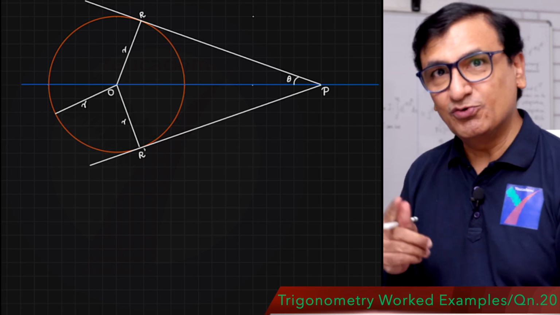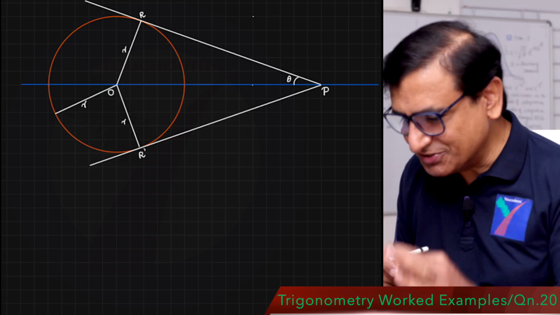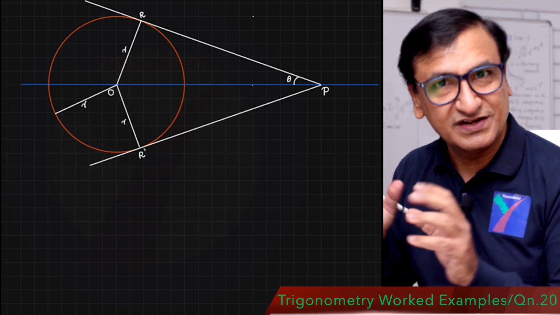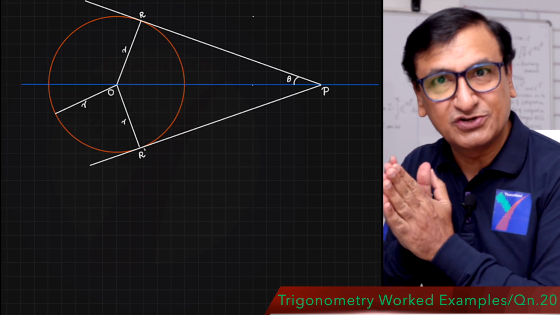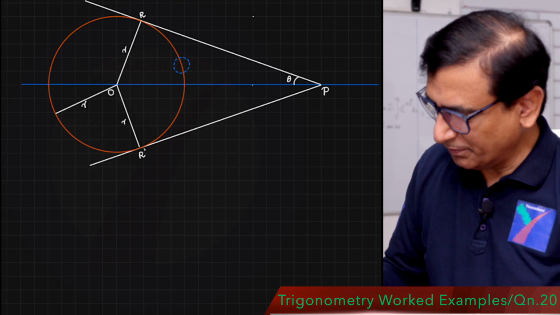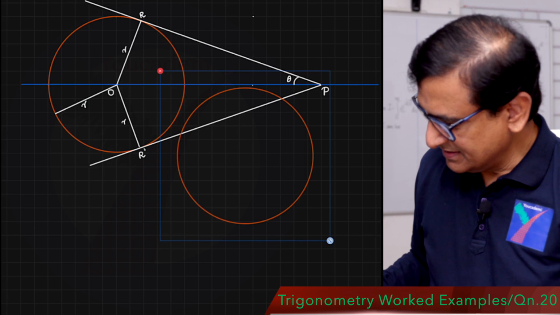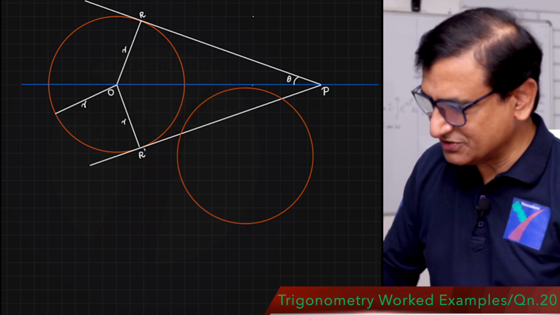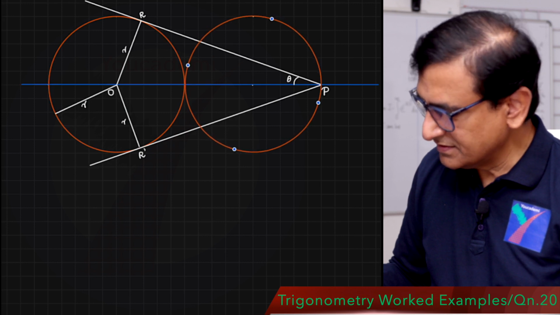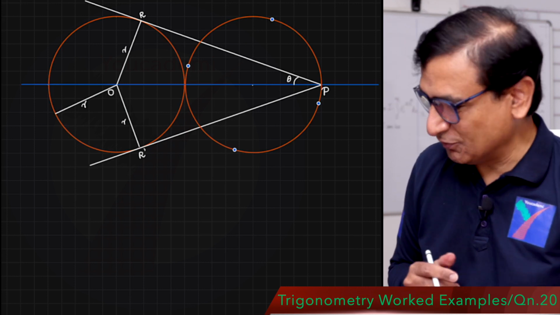Okay, next we are going to add to this construction. I'm going to add another circle identical to this circle O and place it right adjacent to the circle O, so that these two circles are tangential to each other at point K. So I'm copying this circle and pasting it, and placing it right next to this circle O. Okay, I have placed it as precisely as possible.